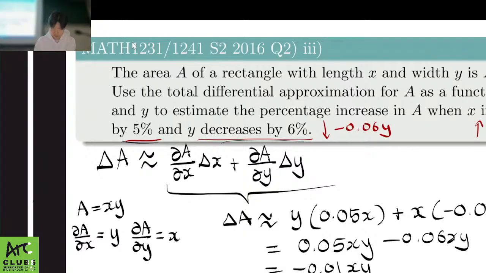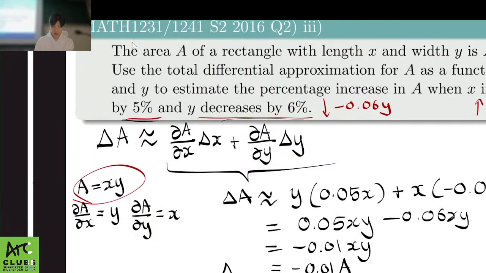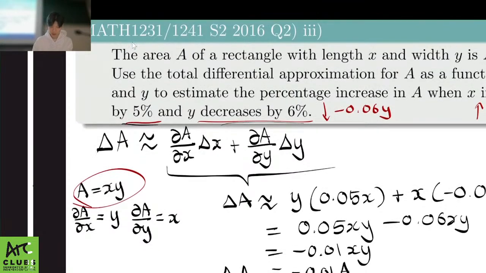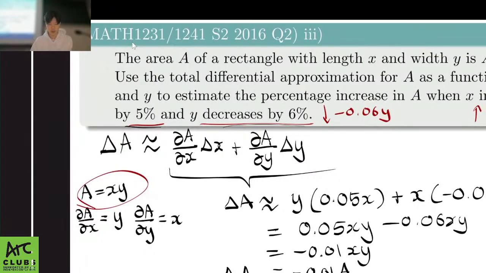But remember that A = xy, so this is equal to -0.01A. So the change in A is approximately equal to -0.01A. It tells me that A decreases by approximately 1%. So that is how we can use the total differential approximation.